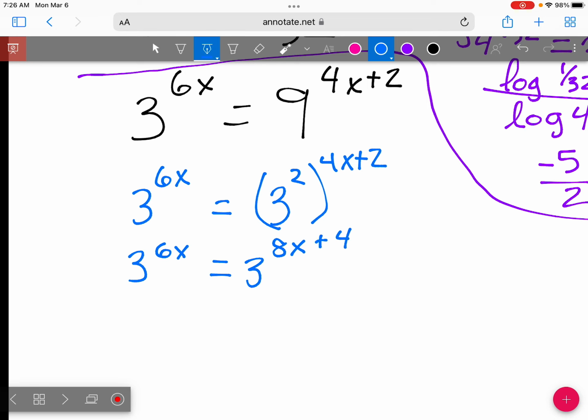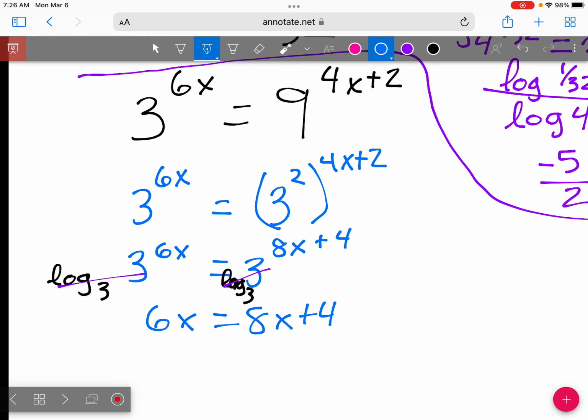Since I have the same base, that means my exponents mean the same thing. Technically what we're doing is using log base 3 on both sides. And just like ln cancels out when we have e, log base 3 cancels out when we have 3. And we have 6x equals 8x plus 4.